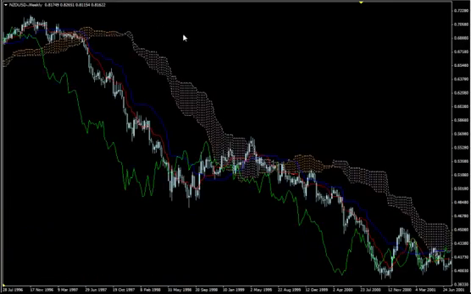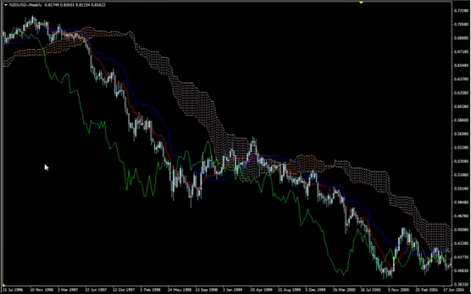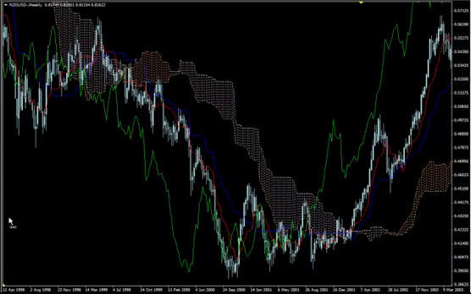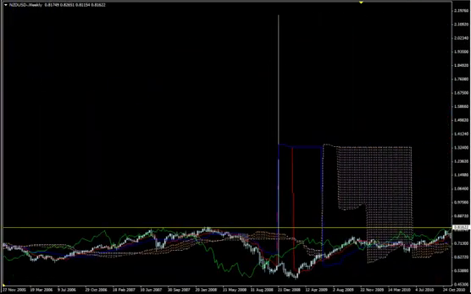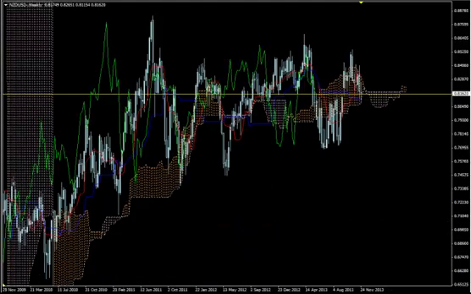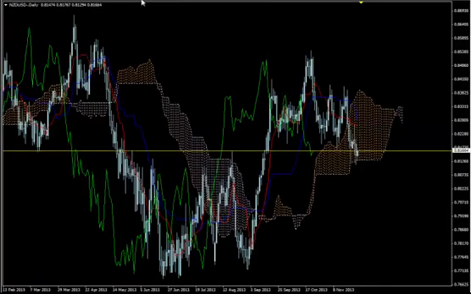Forget it. Let's go to the weekly time frame. We saw the weekly time frame with a triangle, and the daily again, we saw it.